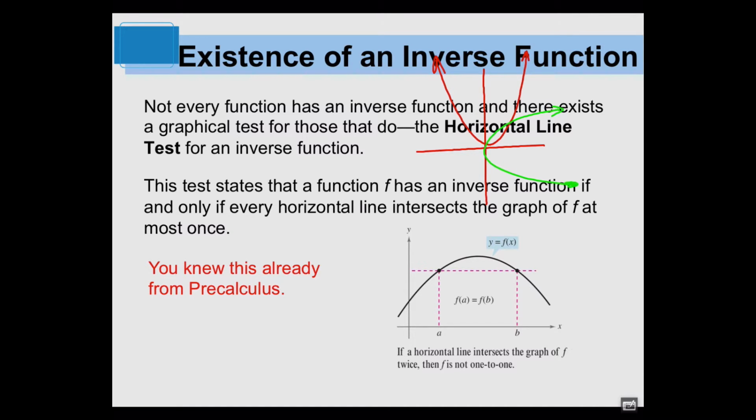Is that a function? No, because it doesn't pass the vertical line test. So we can skip this step and just go right to the horizontal line test and say, I can draw a horizontal line through that graph. It hits here and here. It hits in more than one spot, so therefore the inverse is not a function.